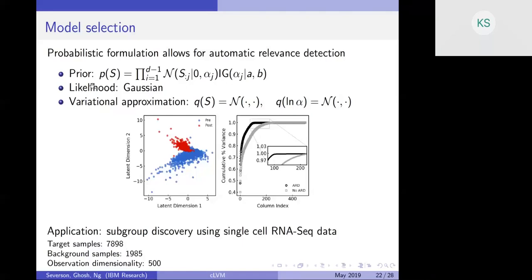What we've done here is this ARD prior has been shown to cause some columns of the factor loading matrix to go to 0, which in effect automatically chooses the dimensionality. That prior is specifically over our shared factor loading matrix, where for each column of the matrix, we have a variance specified by alpha j, and that has an inverse gamma prior.